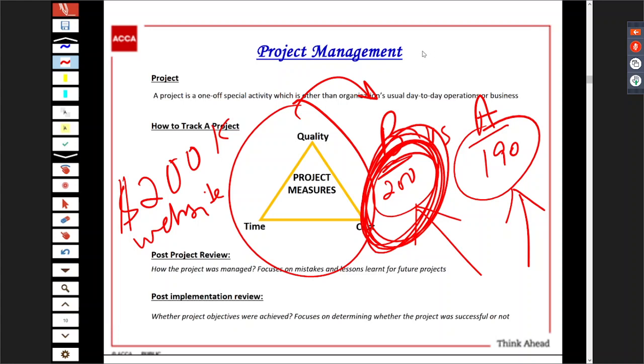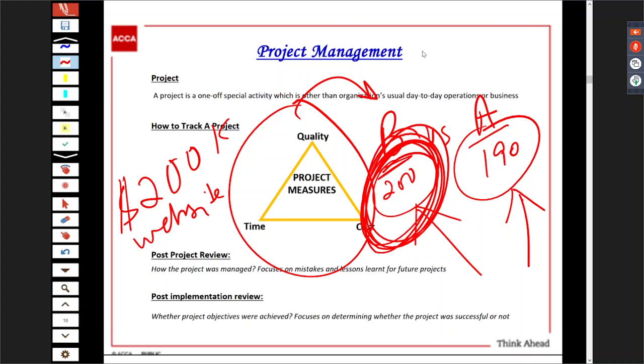Okay, so whenever we want to assess whether a project is successful or a failure, we do not only look at the project numbers. Or okay, we look at that obviously, but the more important thing is the futuristic results. Like why did we develop the website? What was the target? What was the rationale?